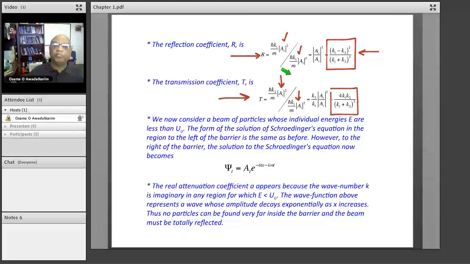So remember, we started off by saying E is larger than U naught. So the energy of the incident particles is larger than the barrier. However, we still find some of the particles reflected. So this is a very important conclusion. It is not the same as what classical mechanics would tell us.